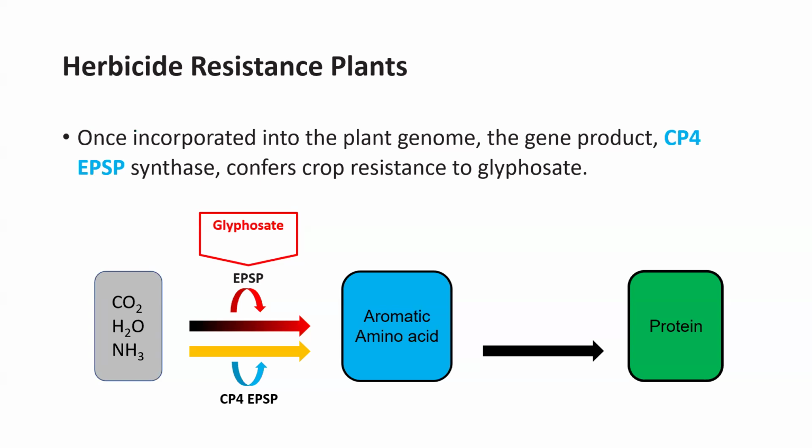So EPSP is still working in the herbicide-resistant plants. It's originating from Agrobacterium strain CP4. So the name of the EPSP enzyme is CP4 EPSP.